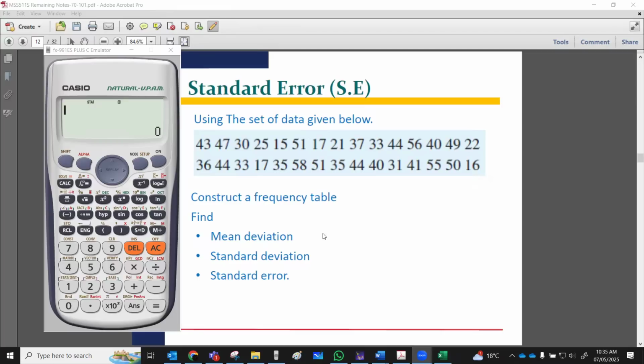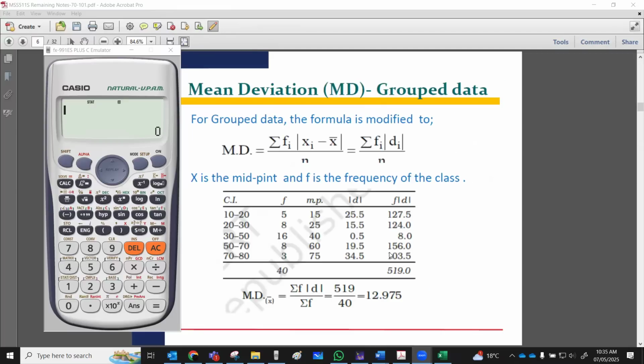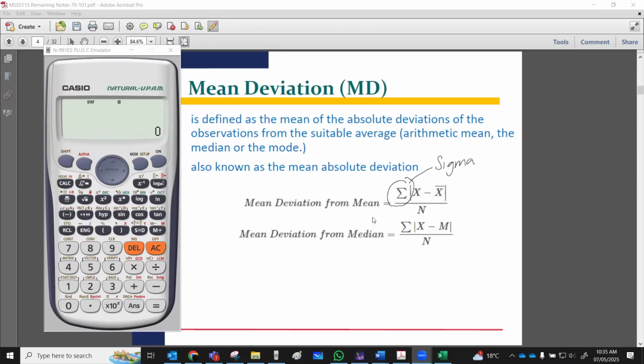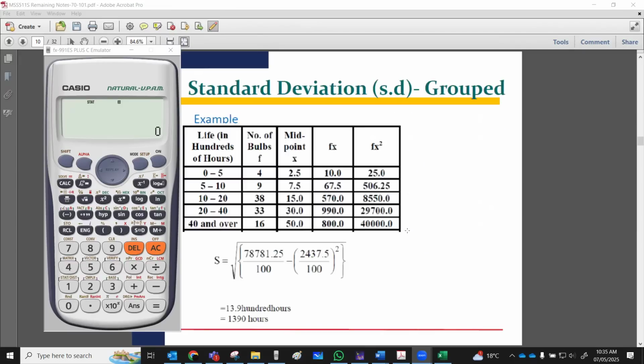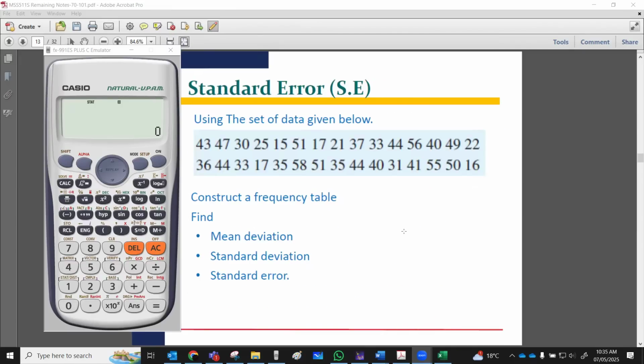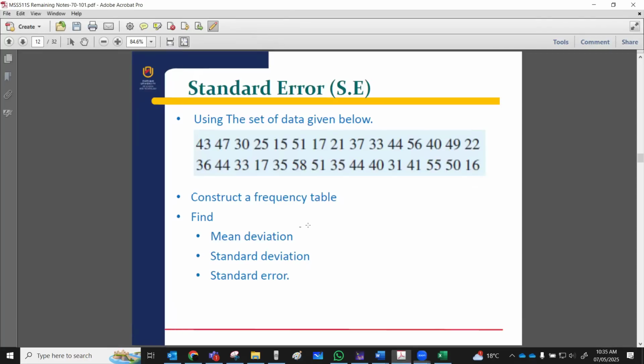So the mean deviation, if you remember our formula, is this one, the summation of the absolute value of x minus x bar, which is the mean, over n. So this is our formula.